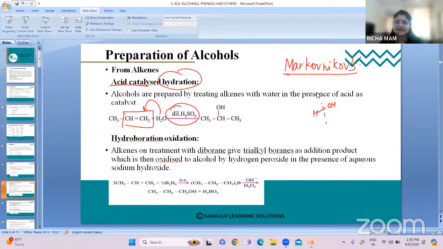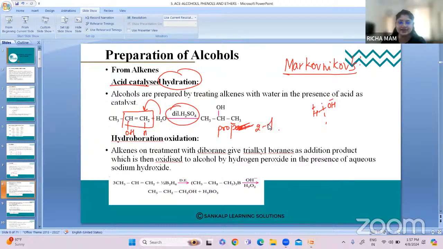The negative part, OH, will be added to the carbon having the least number of hydrogens, and the hydrogen will be added to the carbon having more hydrogens. So here the OH is added to this carbon and the H to this carbon. It results in propan-2-ol, which is an alcohol.